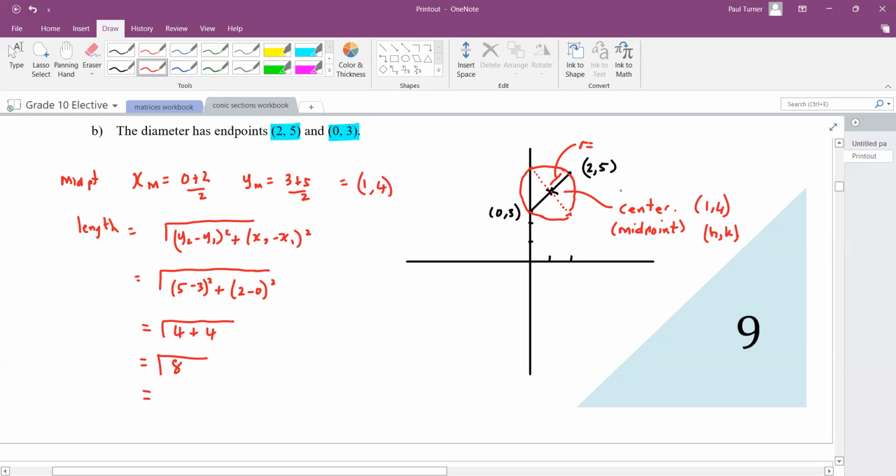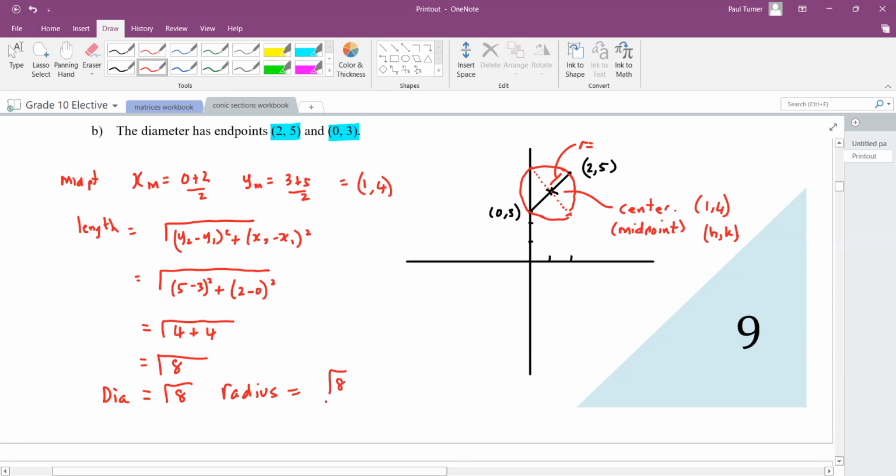Okay, so let's just check my calculations. 5 plus 3 is 8, 8 on 2 is 4. Okay, so this looks all right. Now, the length of the diameter is root 8. But you want the radius, which is going to be half of that.